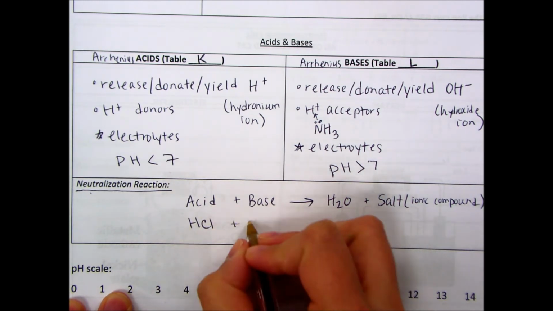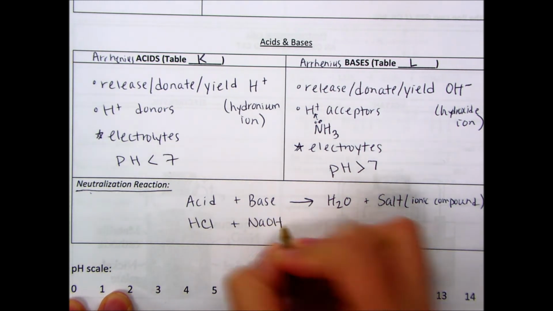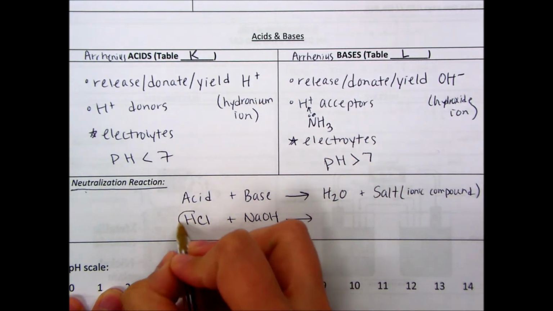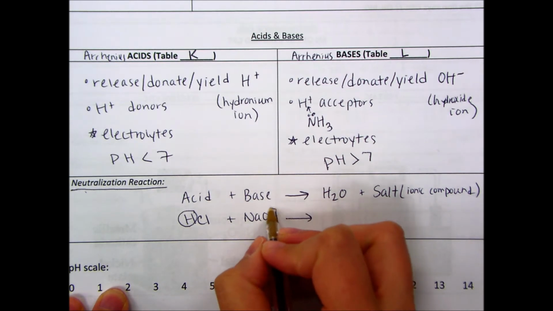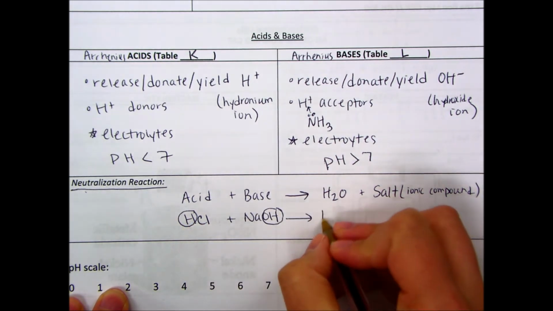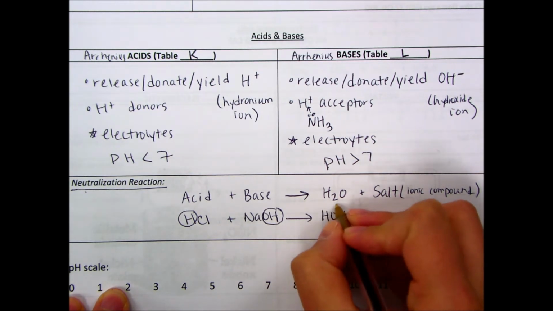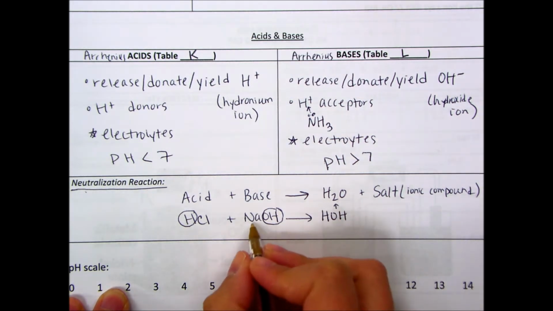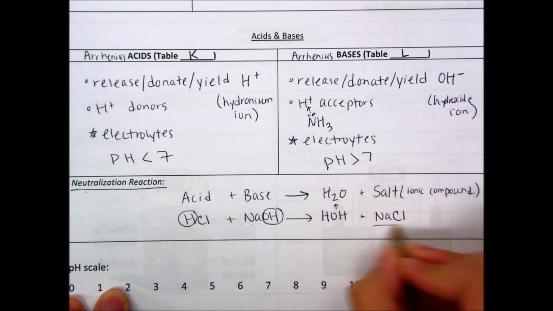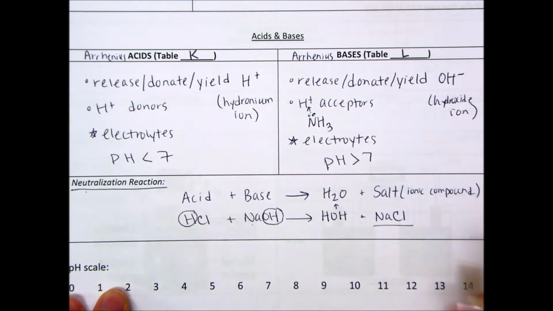If I react that with sodium hydroxide, NaOH, what's going to happen is the acid's going to donate the H+, the base is going to donate the OH-, and these two can combine to create water. And then what's left over is going to combine to create a salt. All right, in this case, sodium chloride.